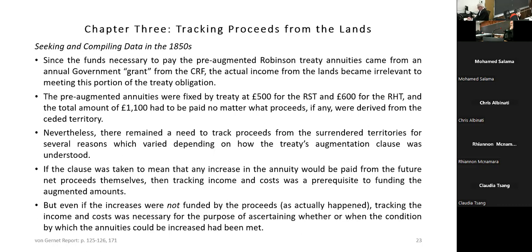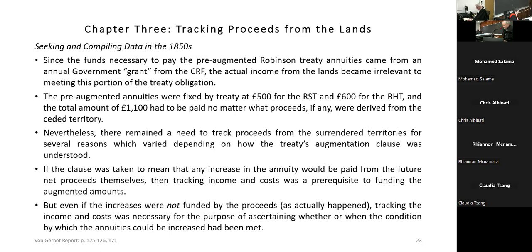Yeah, so as I said earlier, the pre-augmented annuities came from a grant, and they referred to it as a grant. That's why I have it in quotation marks, from the CRF. And so the actual income from the lands became irrelevant to paying the pre-augmented annuities.